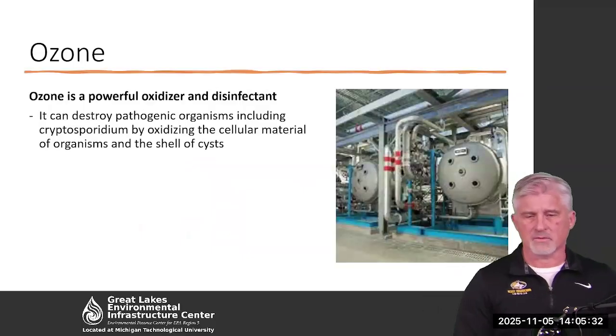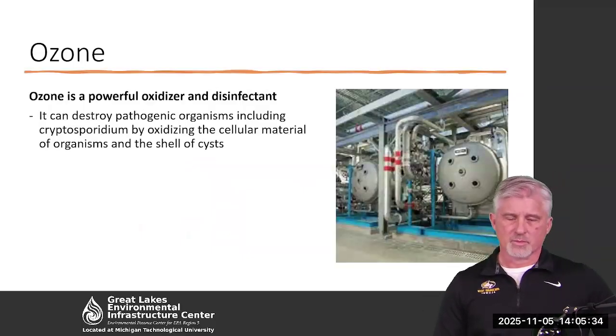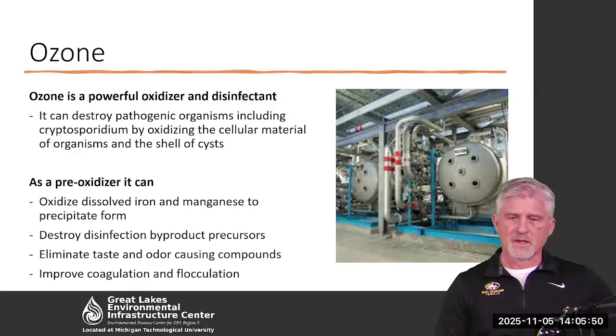And the third and final disinfection process that we're going to talk about is ozone. Ozone's powerful. It's a good disinfectant. It can kill a lot of these organisms, including crypto. And it can also oxidize iron and manganese, which is a good thing.